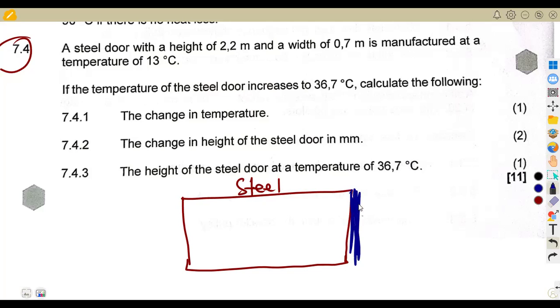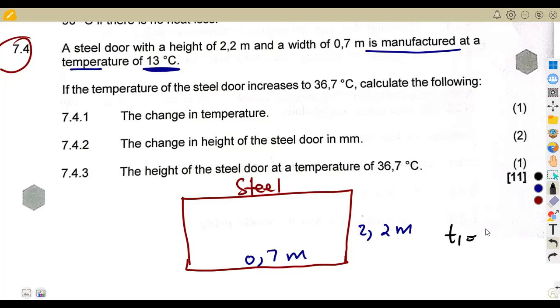Let's say this is our height, 2.2 meters, all right? So this one is now my bigger side, no problem. Then the width, which is 0.7 meters, is manufactured at a temperature of 13 degrees Celsius. That is the initial temperature when being manufactured. It's at what? 13 degrees Celsius.